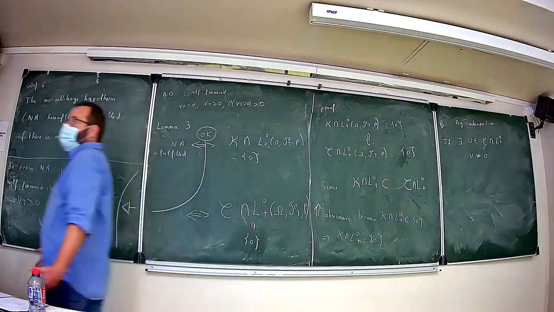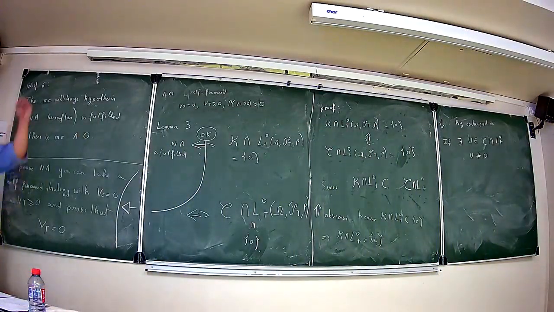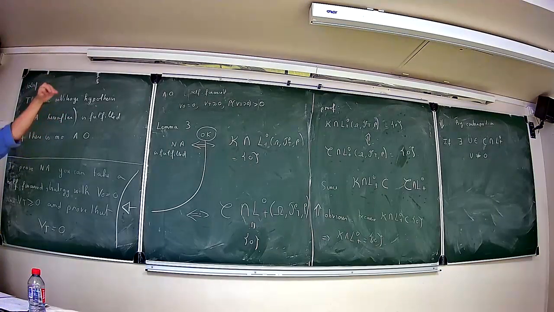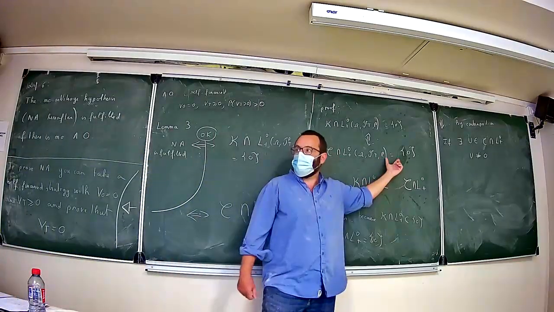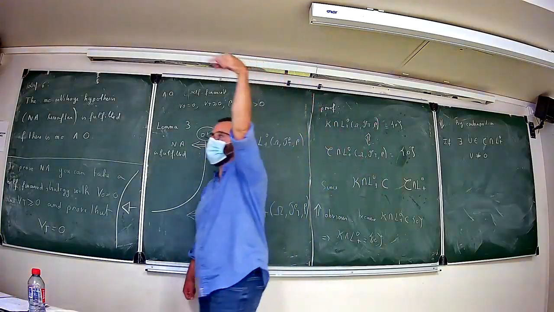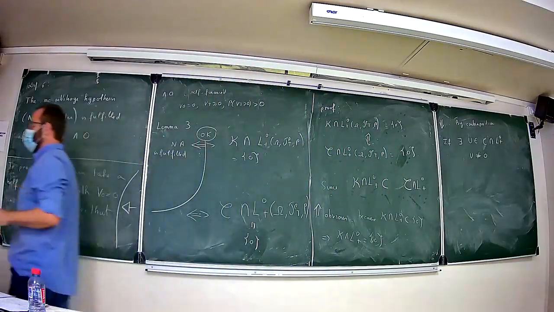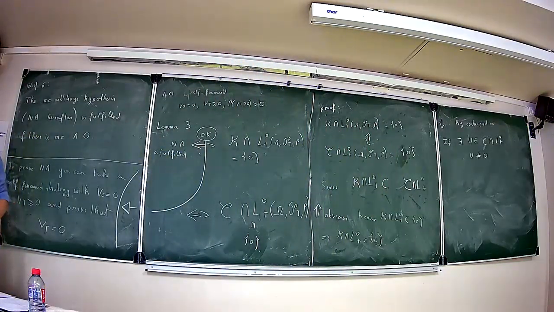I want to prove A implies B. It's equivalent to prove that no B implies no A. So I suppose that I have no B, meaning that this one is not reduced to 0. So I have an element that is not 0 in the intersection. And we are going to see that in this case I have an element that is not 0 in the first.